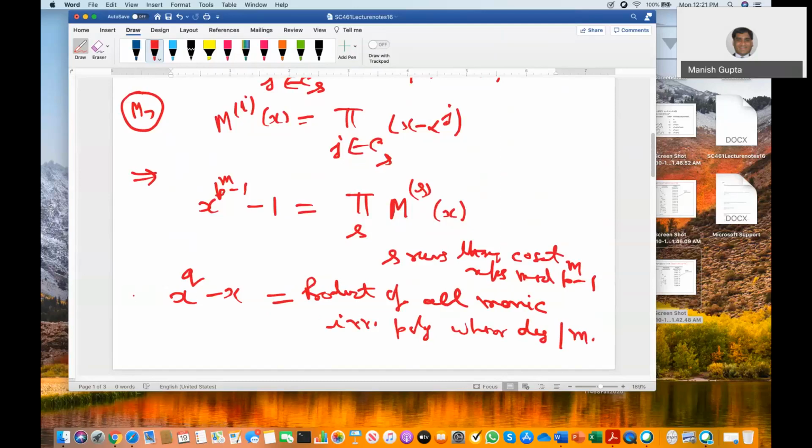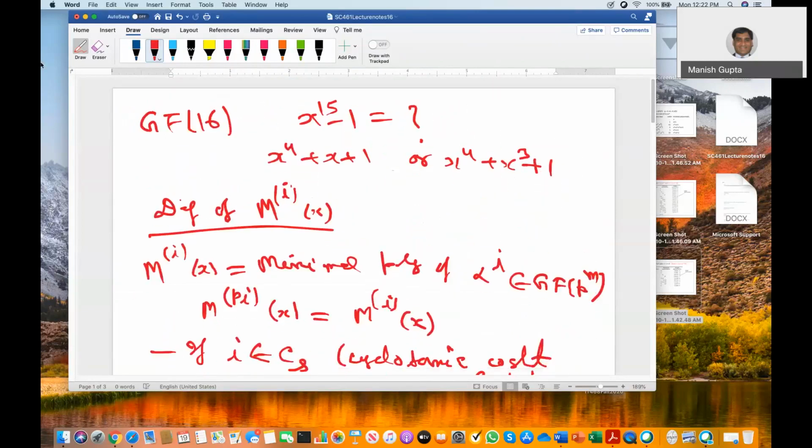So I think we have shown you these finite fields by examples. I'll just mention a few more properties, and I think that will be all for today.